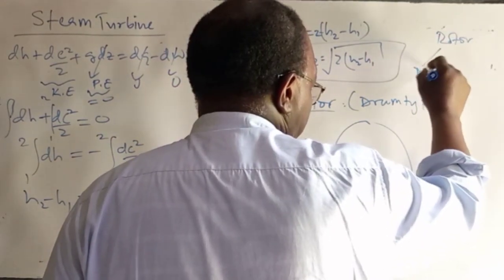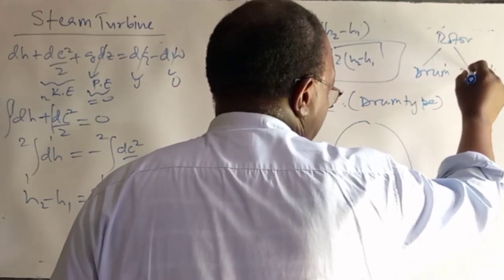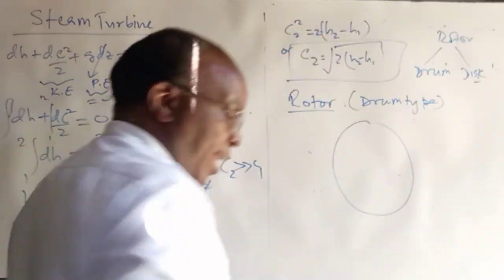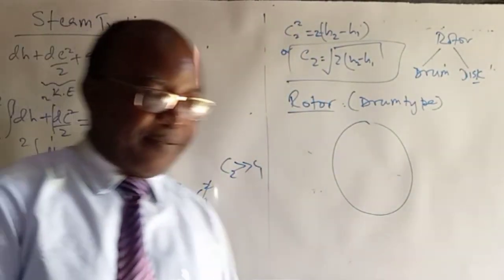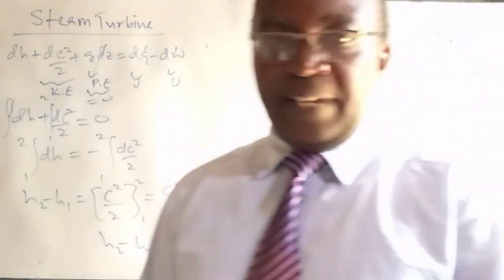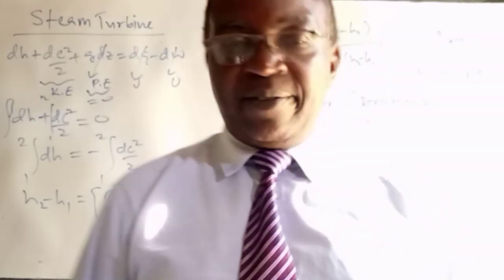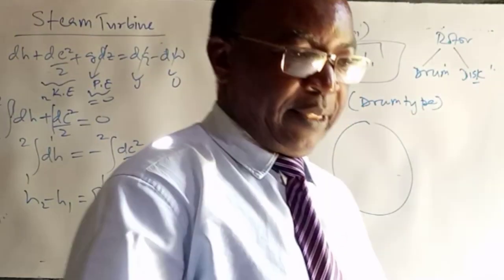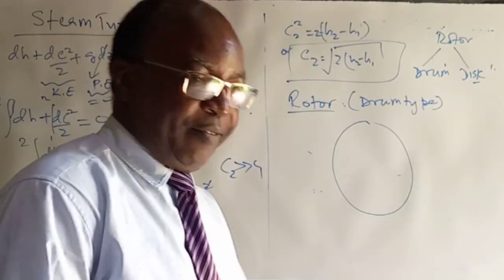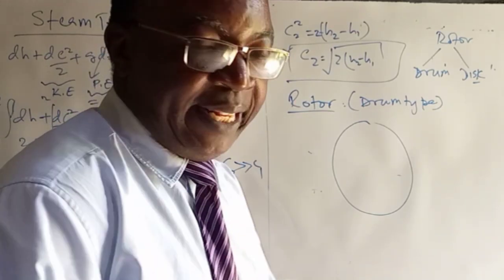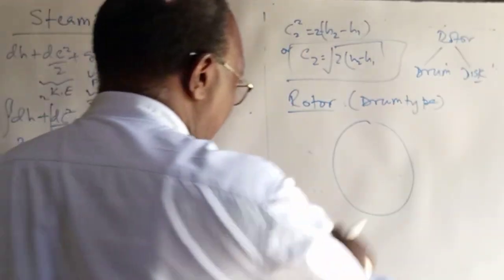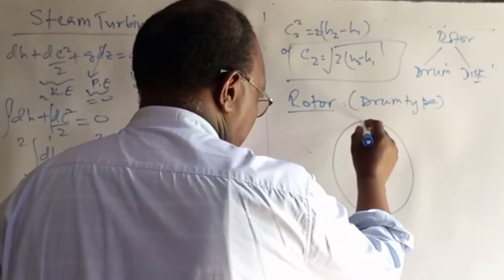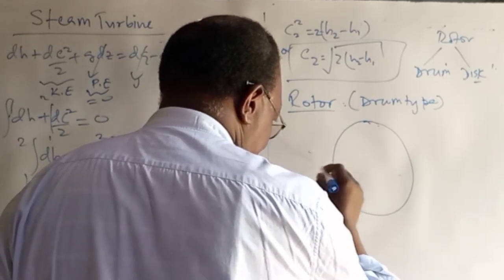There's the drum type and there's the disc type. These are akin to, for example, the braking system of a motor vehicle, where we have the disc type and we have the drum type. Mechanically, they're just things which are moving, they are complementary in their discussions. Now, we have the drum type. And in this drum type, we have a shaft.